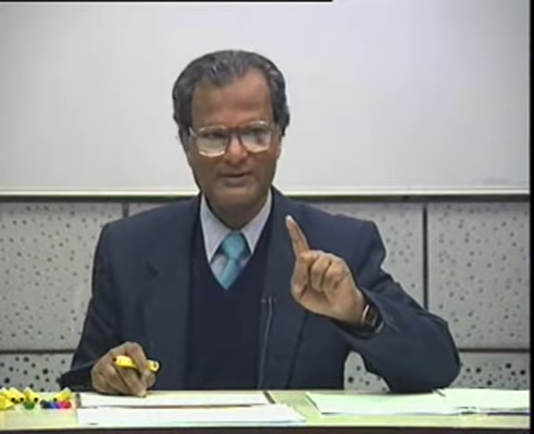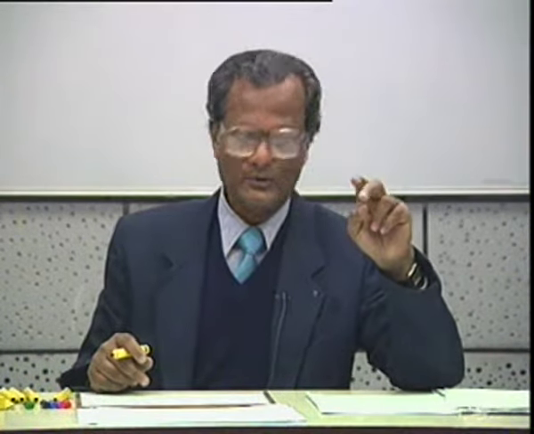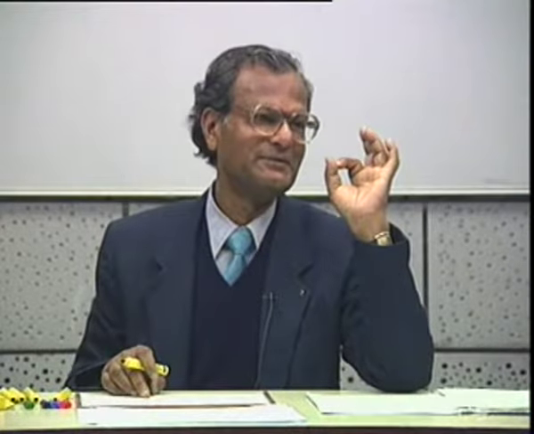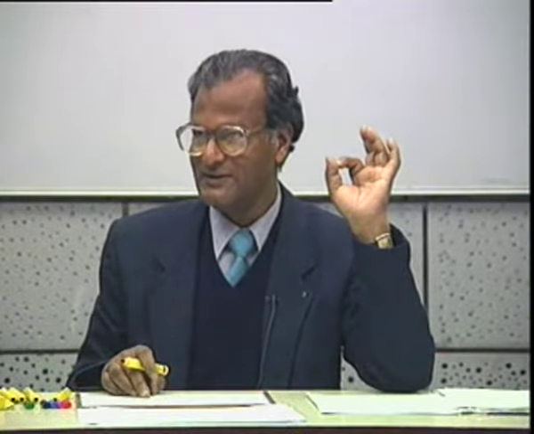Of these 4 frequencies, who will determine? How do you know? We shall have to exclude omega 4 because omega 3 is much greater than omega 4. So omega 4 does not determine. So who will determine that? The highest of these 3 will have the major effect, isn't it?